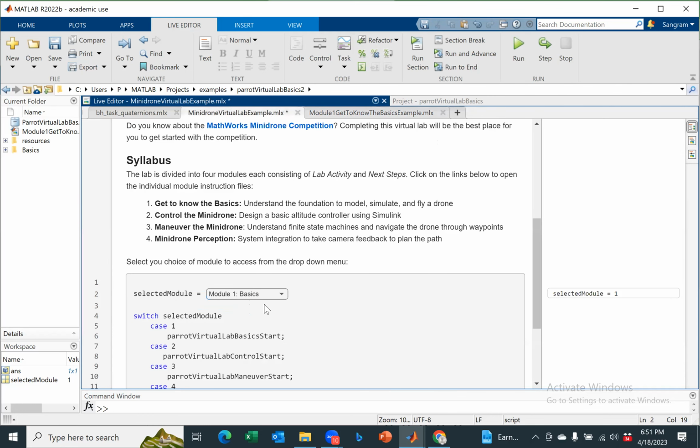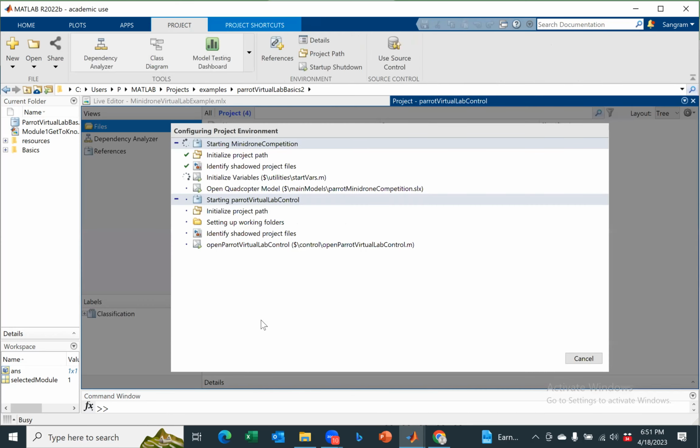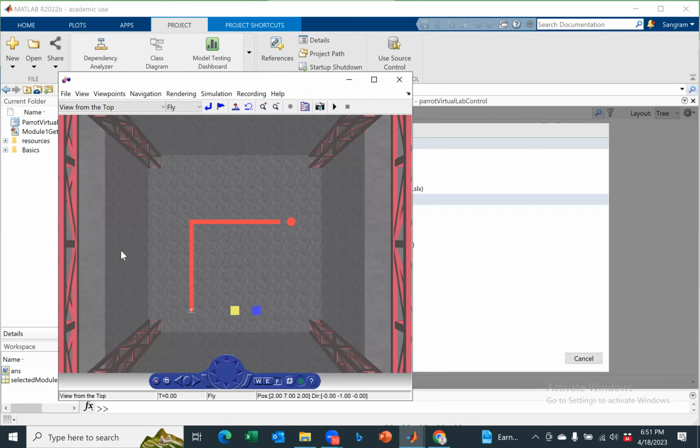Then you need to go to the second module, which talks about the control. It will open another virtual lab, which will walk you through the control aspect of the drone. It will take some time. No, it's a sensor feedback.